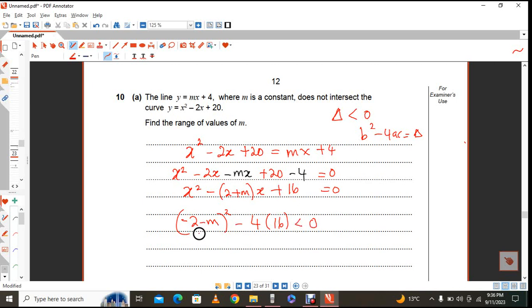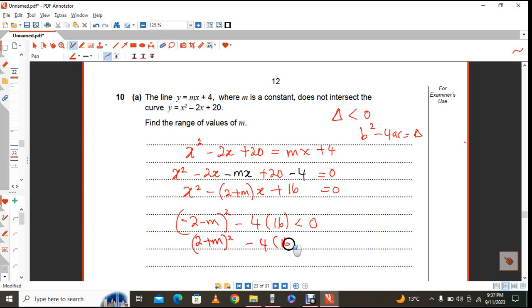All right, so let's just quickly multiply these out. So this is going to give me m squared. In fact, you can write this as 4 plus 4m. In fact, let's just write it nicely. So anything here becomes positive, and if you were to do this, this is the same as saying 2 plus m, though, squaring.